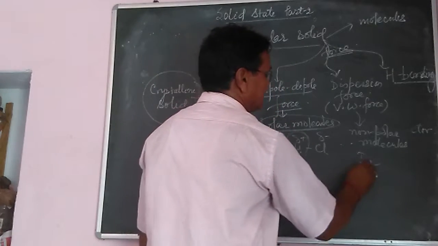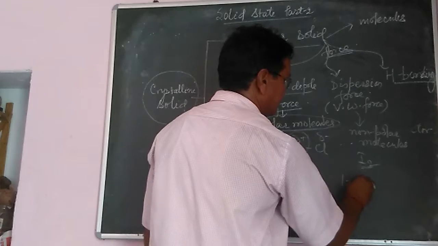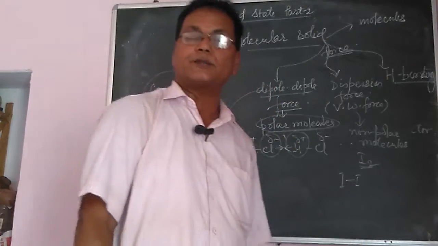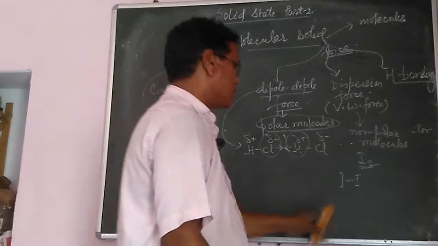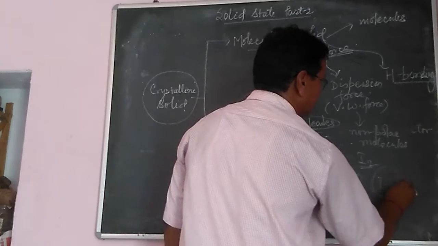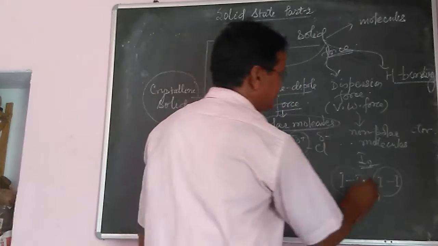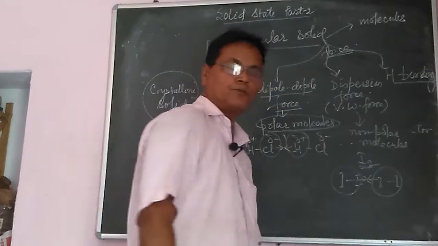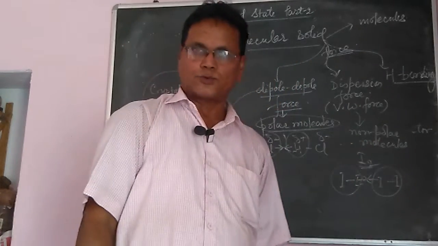In non-polar molecules, see here, suppose iodine. This iodine is actually non-polar because its electronegativity difference is 0. So this iodine joins with other iodines by a weak van der Waals force, that is dispersion force, or momentary dipole force.